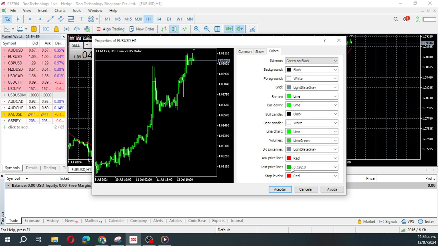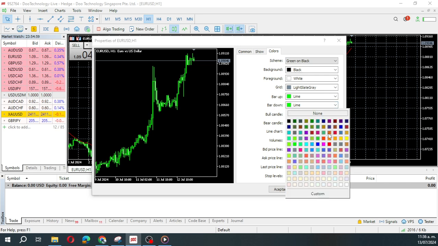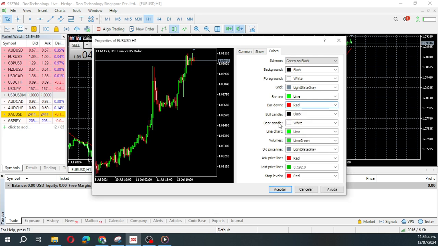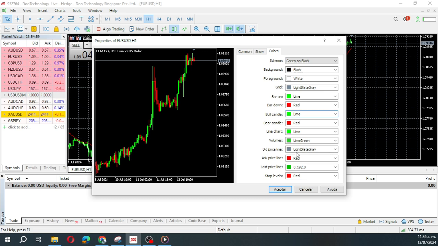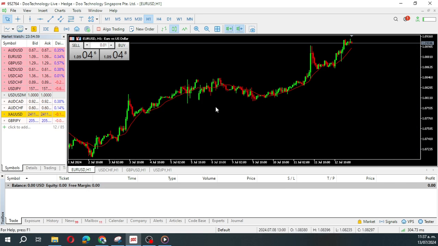I recommend modifying the bar down candle to red, and the bull candle to green. So you can see the candles more clearly when they are bar up candles or bar down candles, right? Yes, this is clearer.